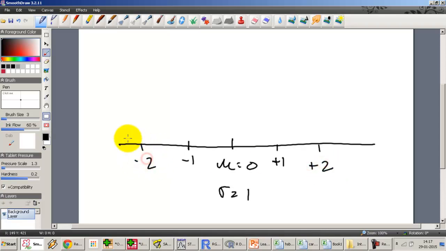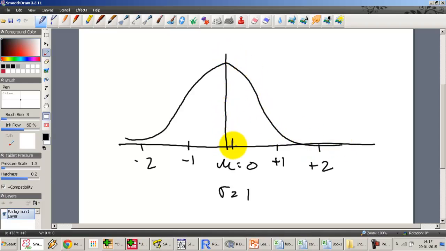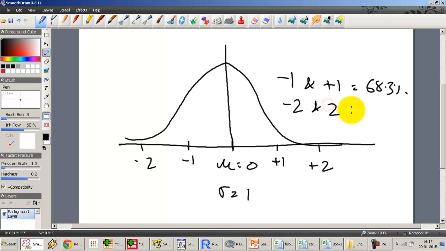So if I look at this distribution with a mean of 0, between minus 1 and plus 1 we will have about 68.3% of all the observations. Between minus 2 and plus 2, we will have 95.4% of the observations. And between minus 3 and plus 3, we will have 99.7%.